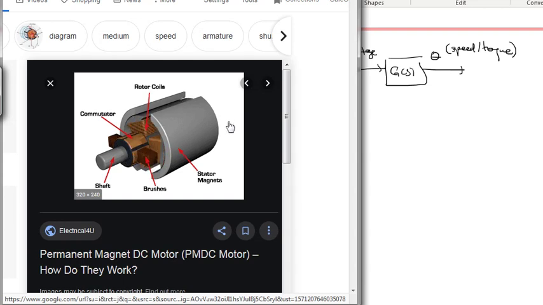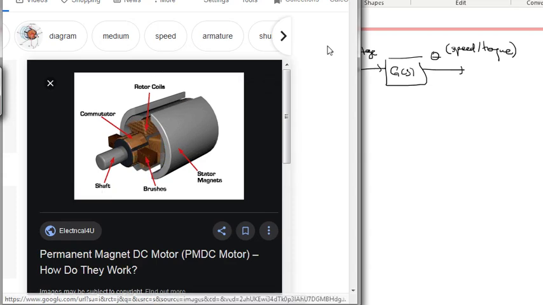It is divided into two parts. There is a static part on the outer side that doesn't move, which we call the stator, and the stator is composed of magnets. In the simplest form, you have two poles of magnets, one magnet on the right-hand side and another on the left-hand side. The rotating part in the middle is what we call the rotor.